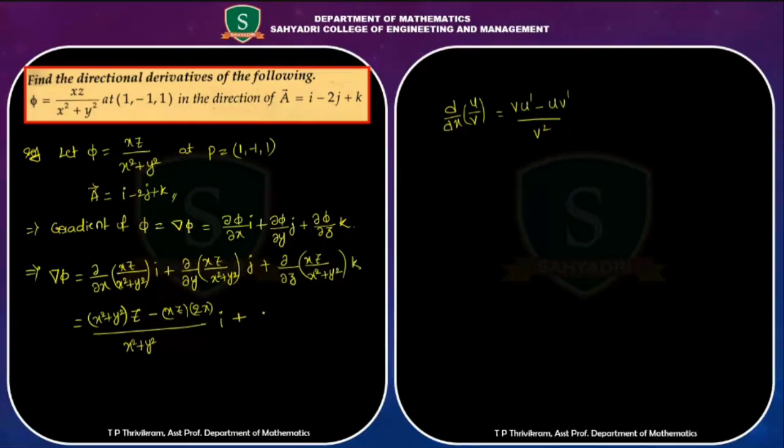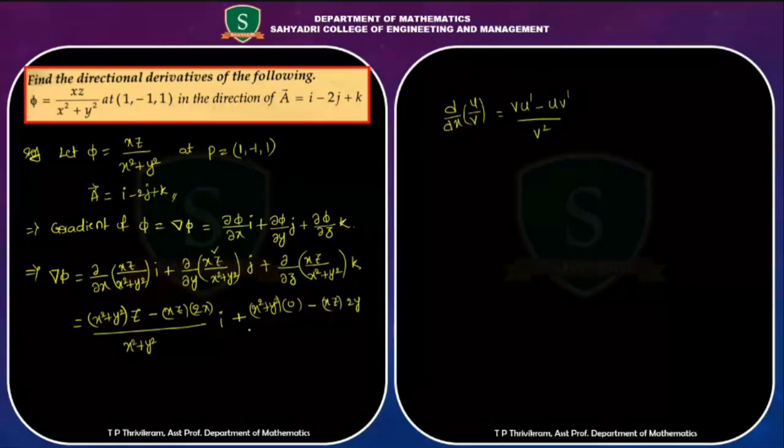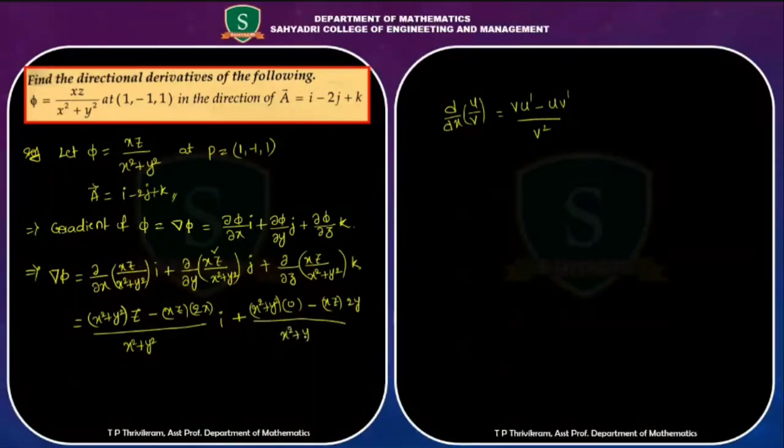Next, in the same way, you have to apply differentiation with respect to y. So if you differentiate with respect to y, first x square plus y square into 0 you will get, because in the numerator y function is not there. Next, minus xz into the differentiation of x square plus y square, which is 2y, divided by x square plus y square whole square, into j.